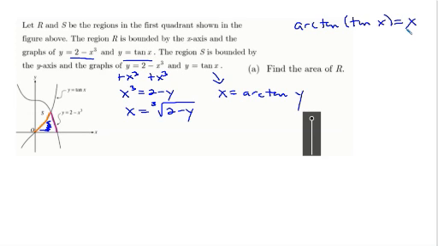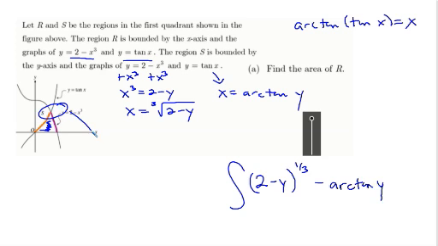All right, so my right function is going to be the 2 minus y to the 1/3 power. My left function is going to be the arctangent of y. All right, and then my limits of integration, I need the y value here.